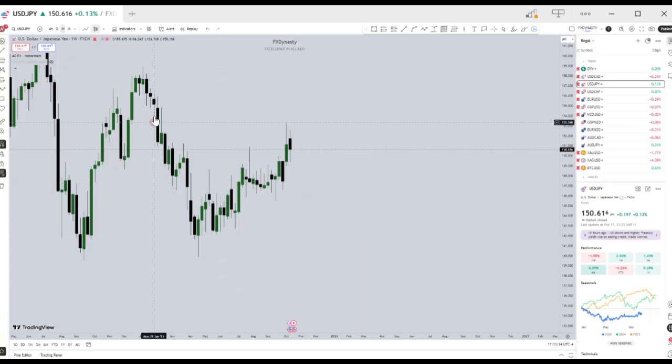So you can see this is that area of monthly fair value gap that we have, and you can see that we are respecting it, and price is dropping lower. We have this week as a bearish week from that fair value gap, means we are currently respecting that fair value gap. And you can see the last order flow leg we had is this one that pushed price into that fair value gap.